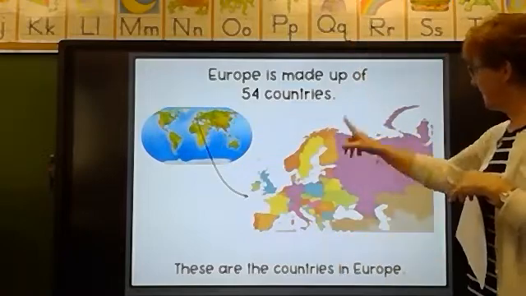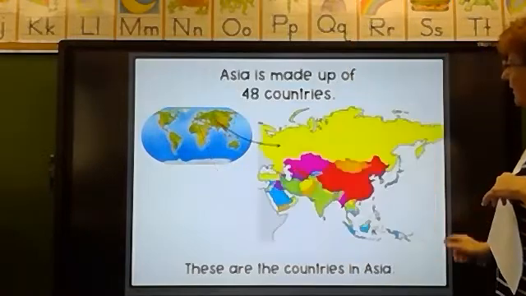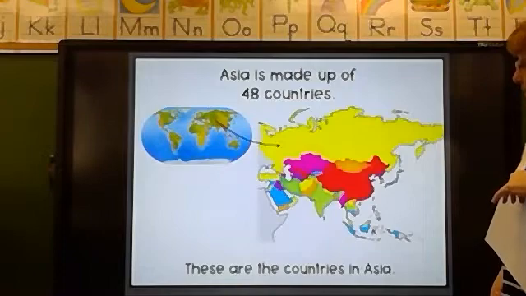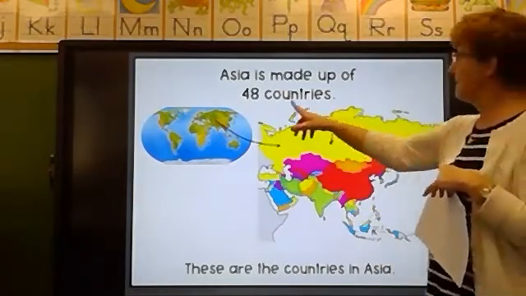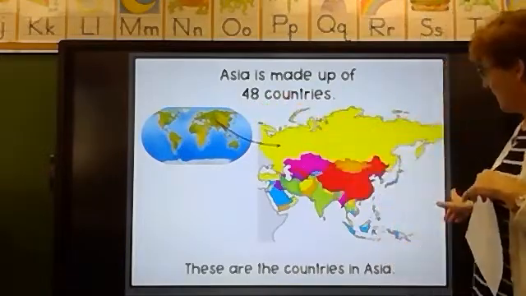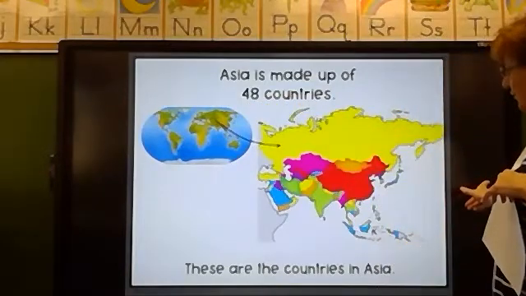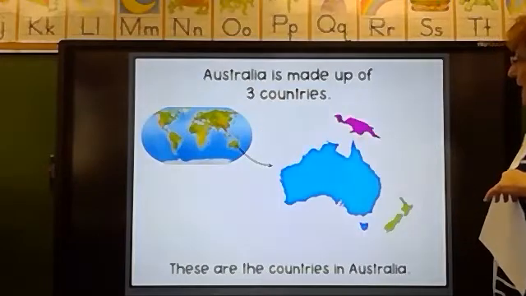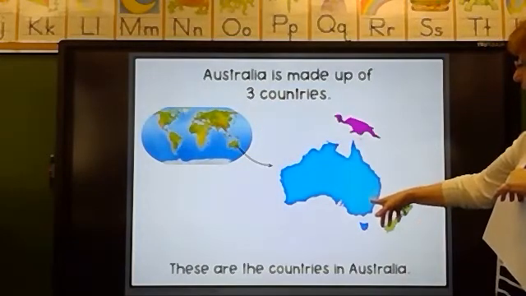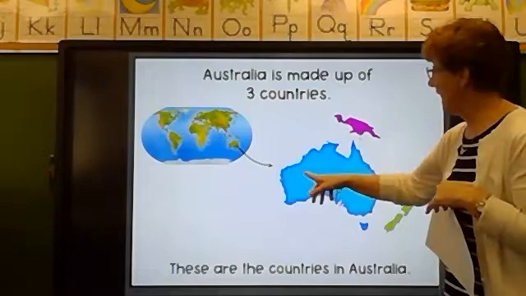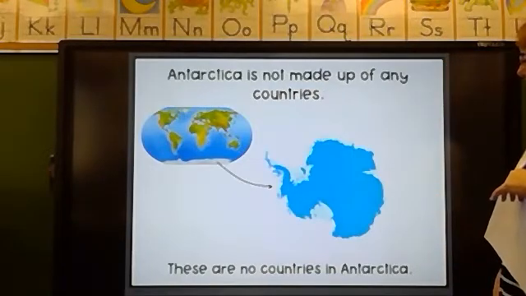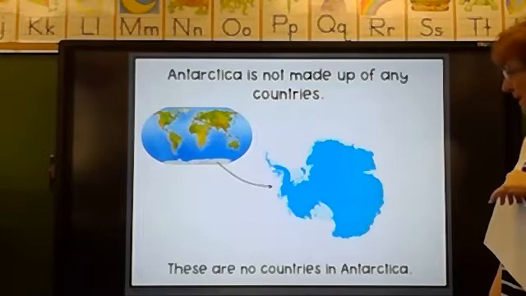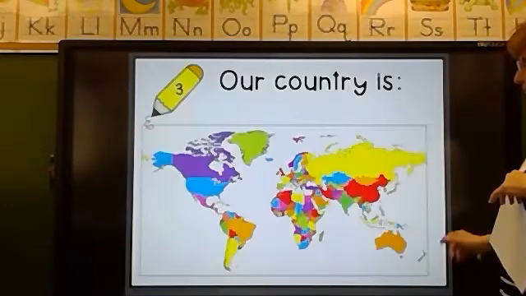Asia, okay, is the largest continent, but it is made up of 58 countries. And then we have Australia, and it only has 3 countries. Antarctica is not made up of any countries.